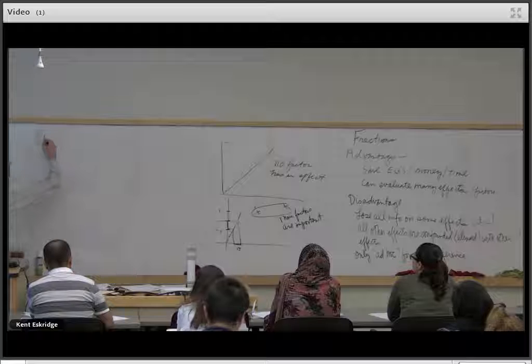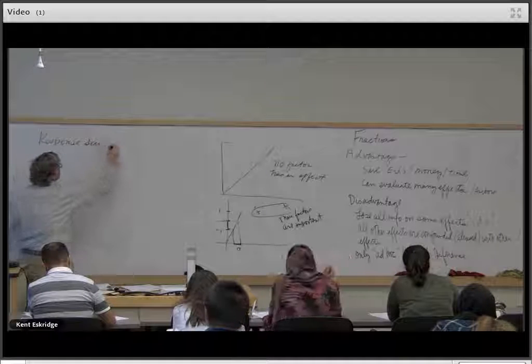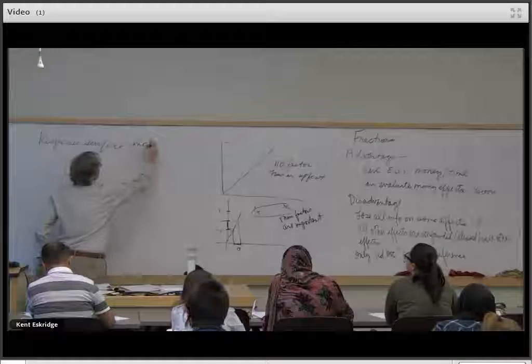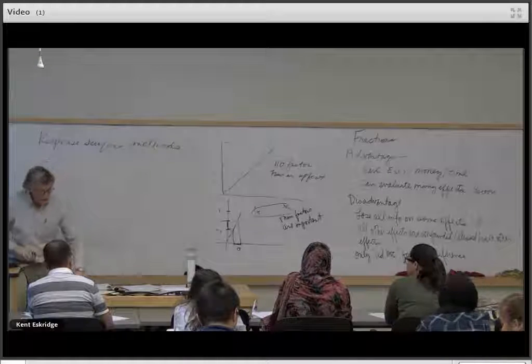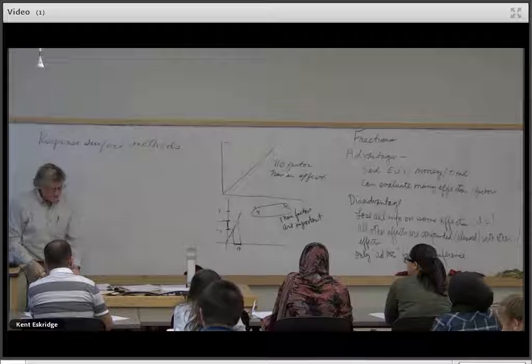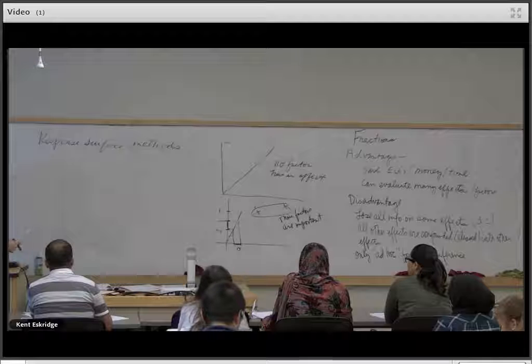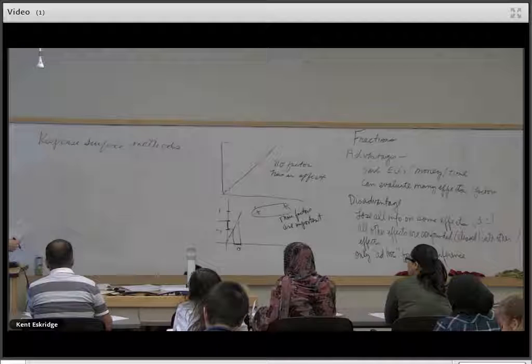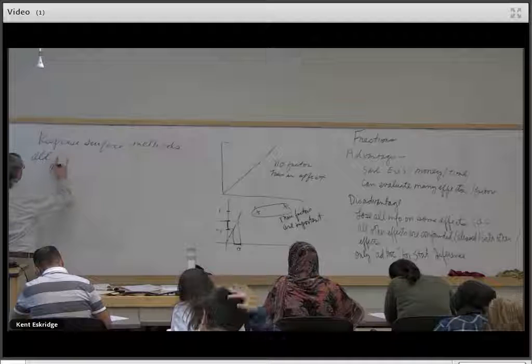Response surface methodology. Response surface methods. And there's a number of examples in biology and industry where you want to do these kinds of things. The idea is that we're going to assume all factors are quantitative.